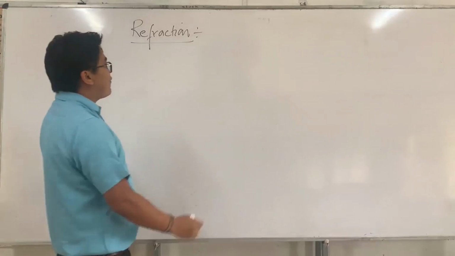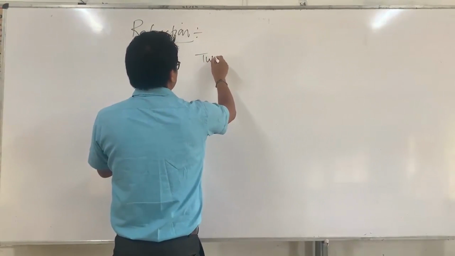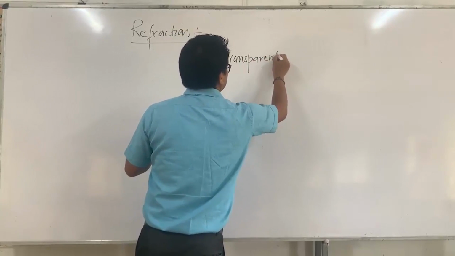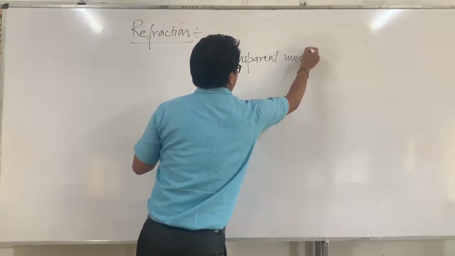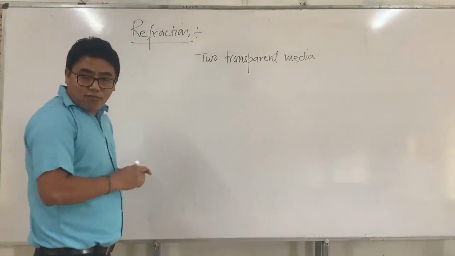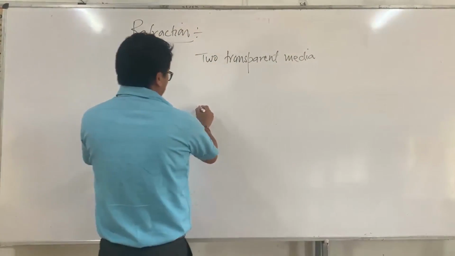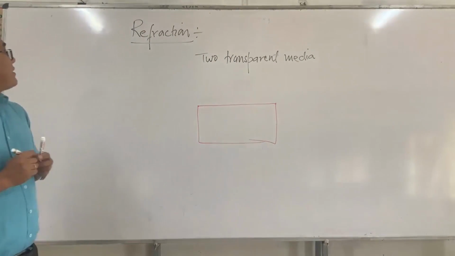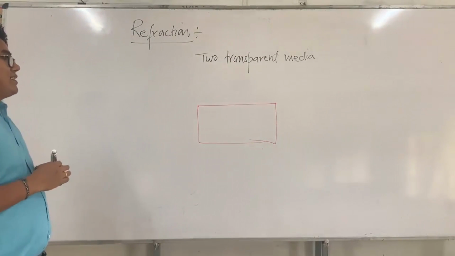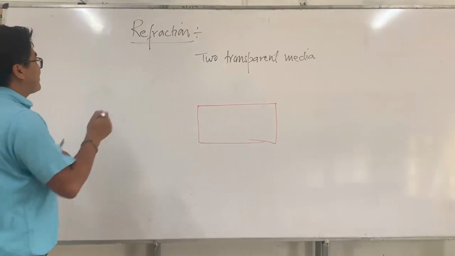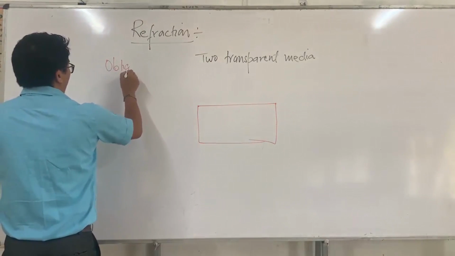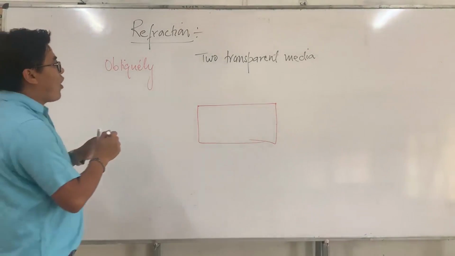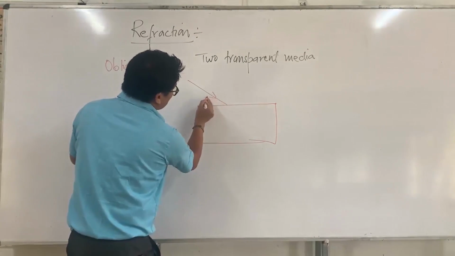So let's say I have two transparent mediums. If I draw, let's say I have a glass slab, and when a light travels obliquely from one medium to another medium.